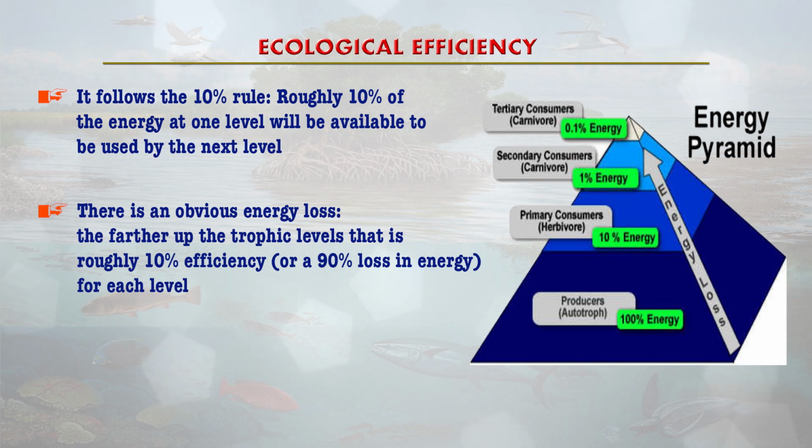The farther up the trophic levels, roughly 10% efficiency or a 90% loss in energy for each level is observed. So you can see in this diagram the producers have 100% of energy, which gets reduced to only 10% energy, then 1% and 0.1% and so on and so forth.